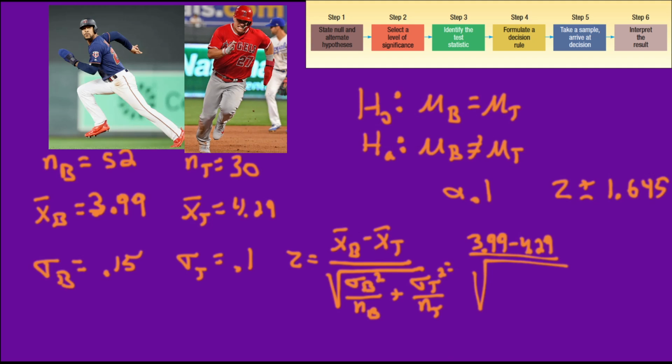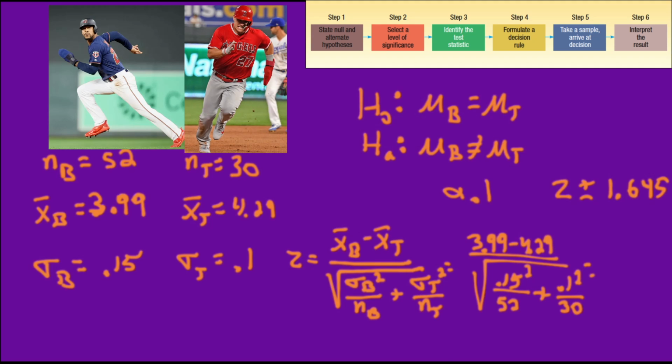Okay, so a little adjustment on the way to getting to that standard deviation. We're really taking the square root of the variance. So apologies for that. So this becomes 0.15 squared over, what did we say, 52 plus 0.1 squared over 30.